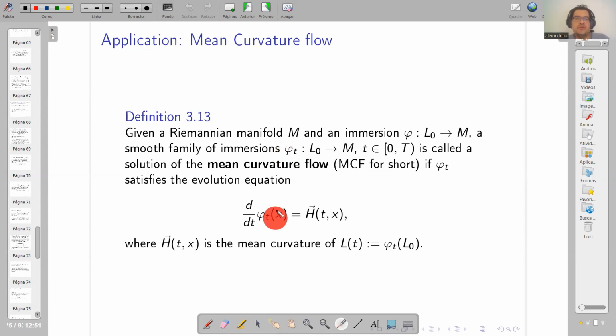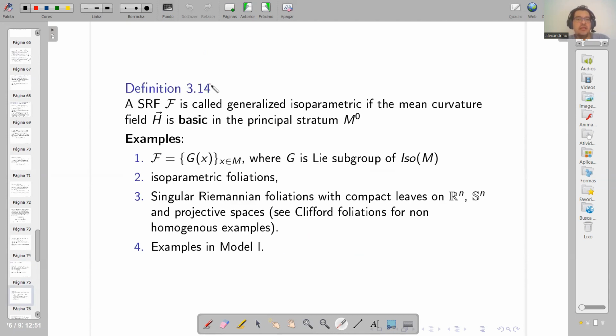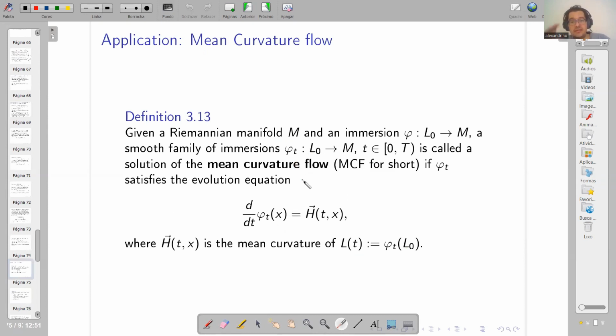So this is a mean curvature flow. We want to travel along the mean curvature and see what happens. And this is the picture that we should have in mind when you start with an orbit of an isometric action.